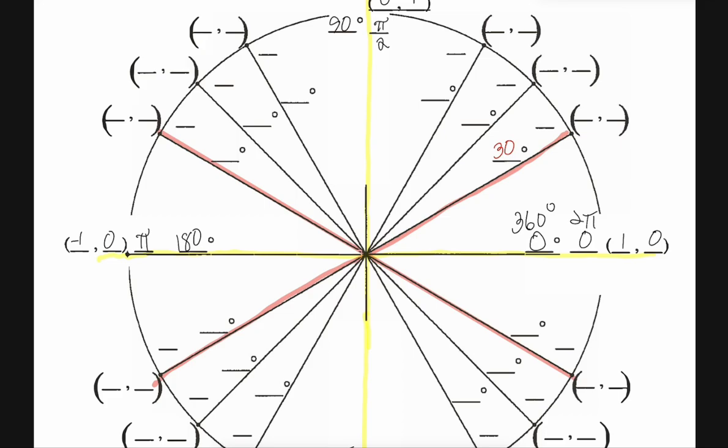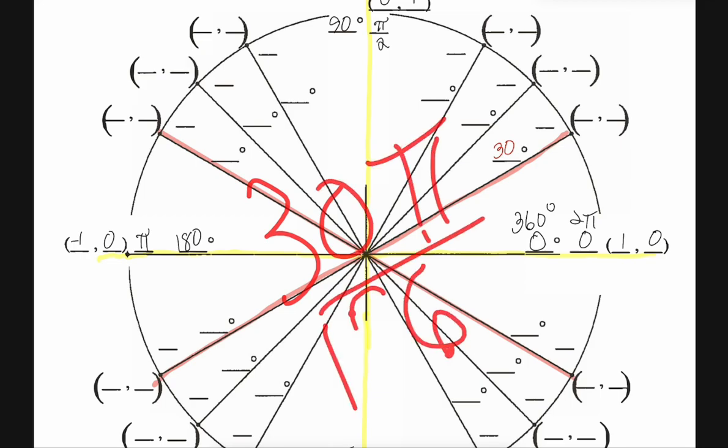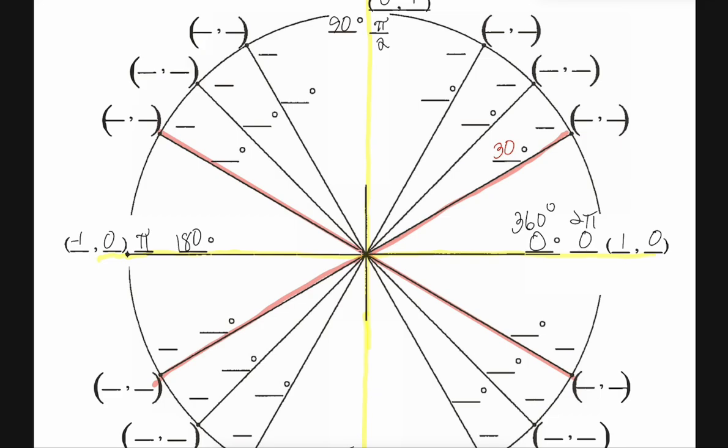30 degrees, if you do 30 pi over 180, sorry, I was getting ahead of myself. How many times does 30 go into 180? 6. So it's pi over 6. Okay?